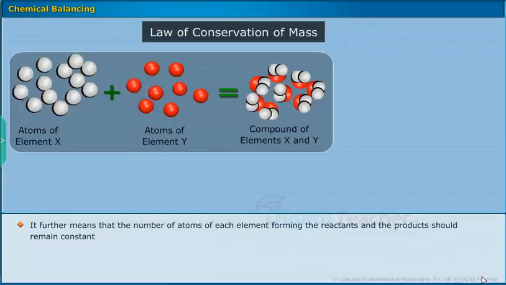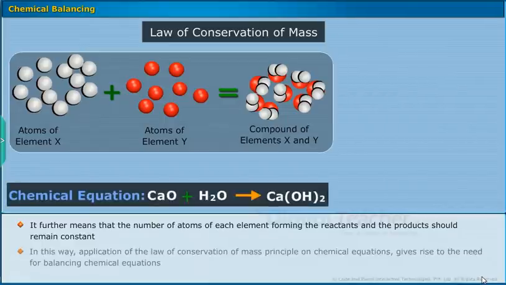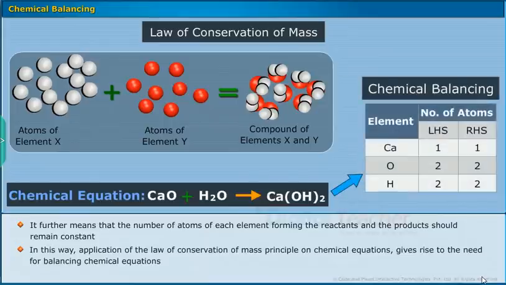It further means that the number of atoms of each element forming the reactants and the products should remain constant. In this way, application of the law of conservation of mass on chemical equations gives rise to the need for balancing chemical equations.